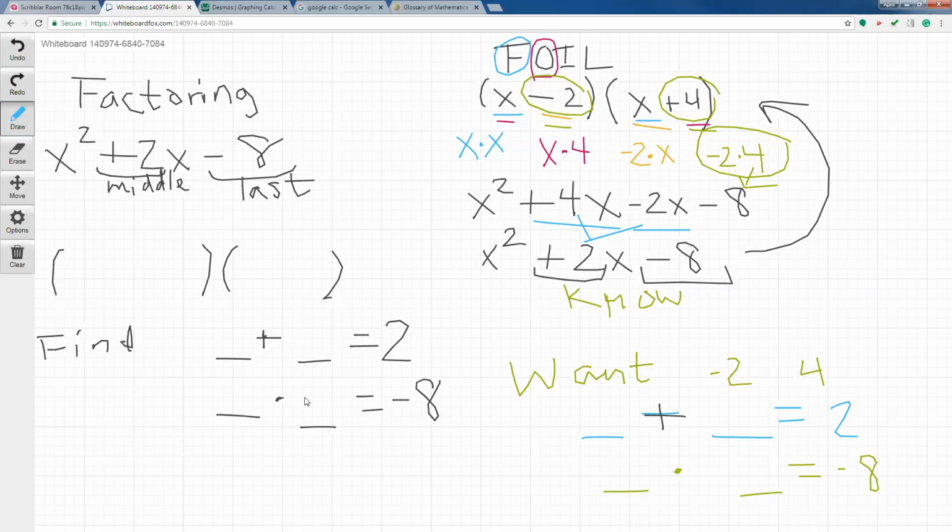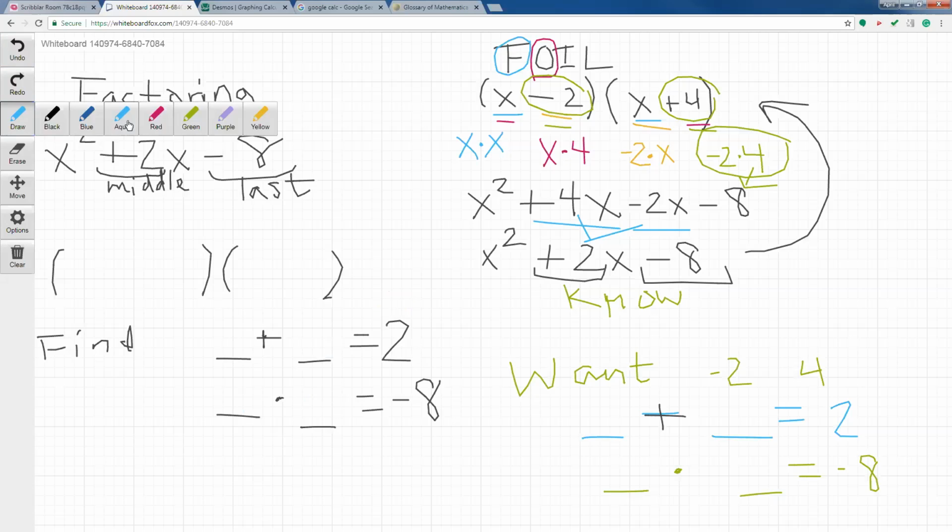Like, let's try one that doesn't work. If I said 1 times negative 8, that does multiply to be negative 8, but we would go check the addition part and say, oh, 1 plus negative 8, that gives me negative 7. I wanted a 2, but instead I came out with a negative 7. So that didn't work.